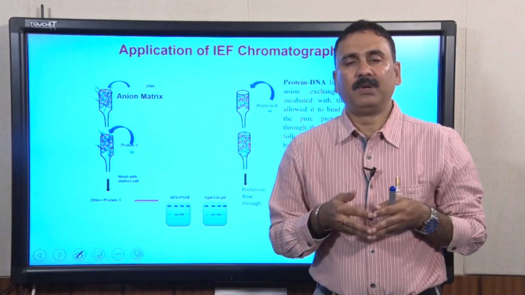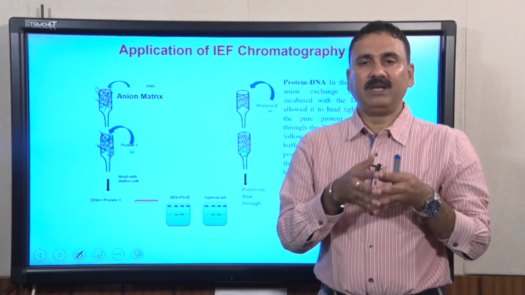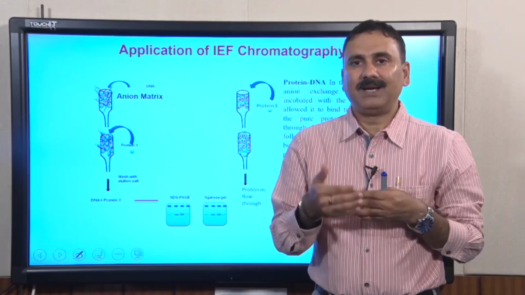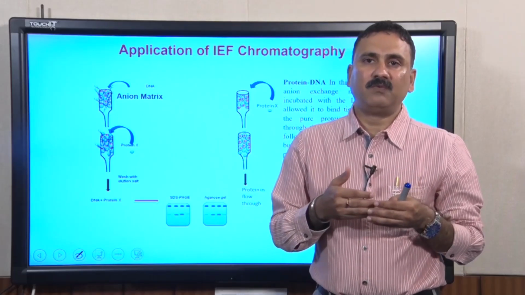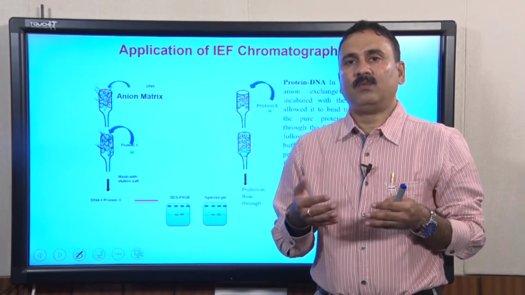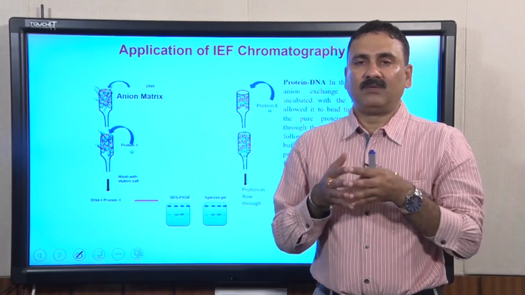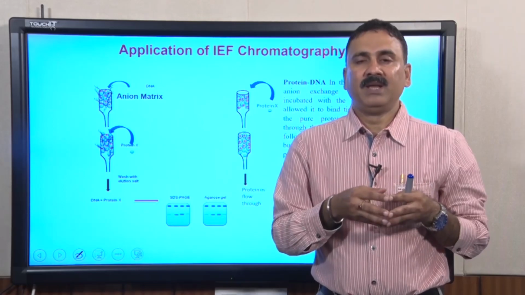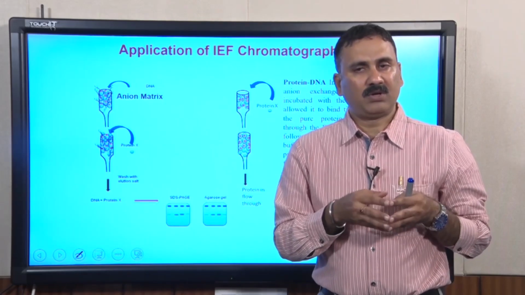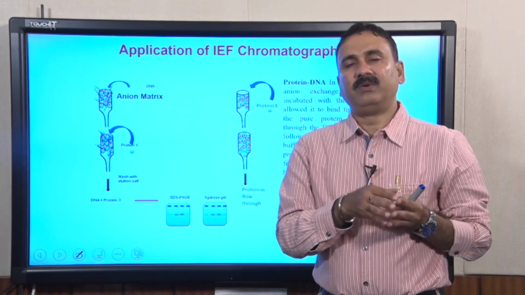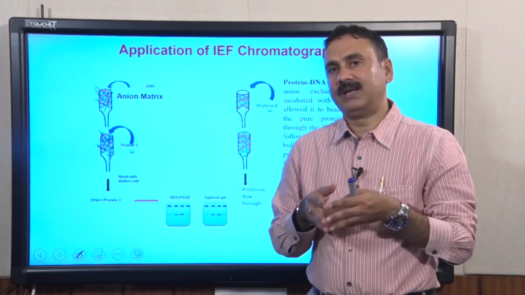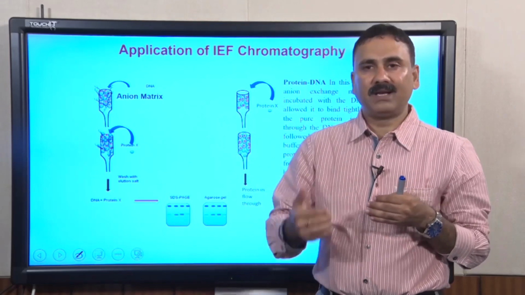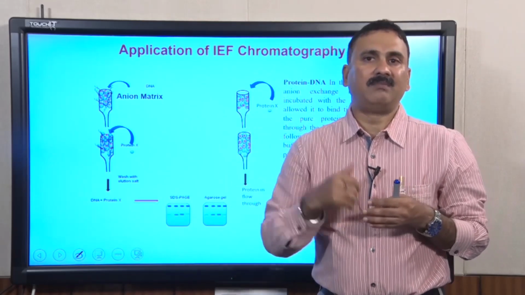We have taken an example of the interaction of DNA and protein, but this could be replicated with a little optimization for any two biomolecules, in which the criterion is that one of the biomolecules should have affinity for a particular type of ion exchange matrix, whether cation exchange or anion exchange, and the other biomolecule should not have direct affinity for that matrix.